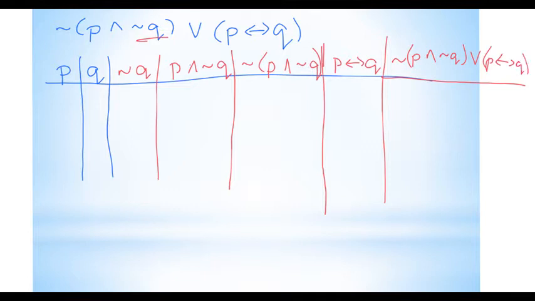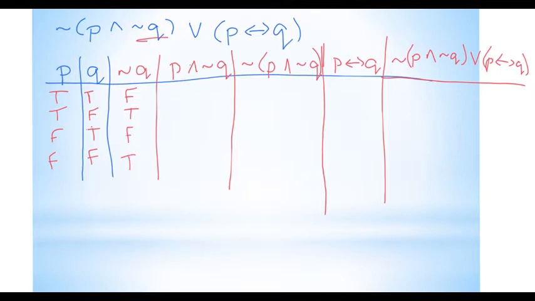P is always going to be true, true, false, false. Q will be true, false, true, false. The negation of Q is the opposite of the Q column, so it will be false, true, false, true.